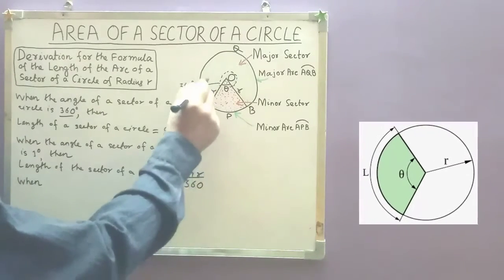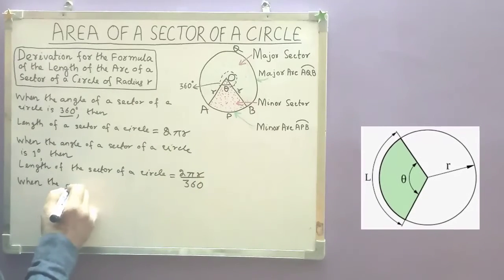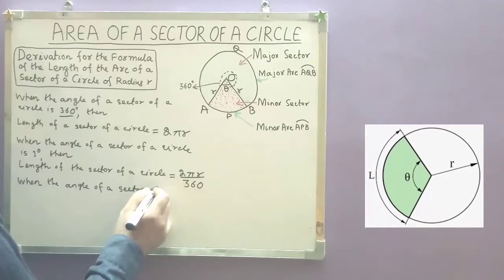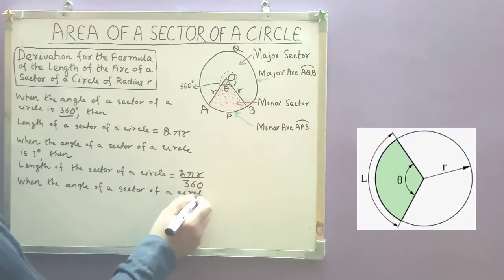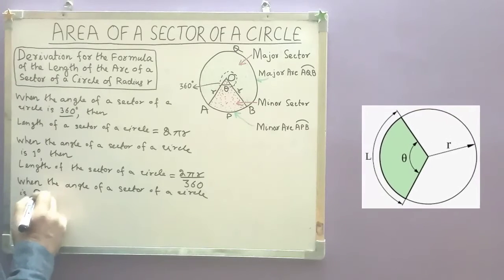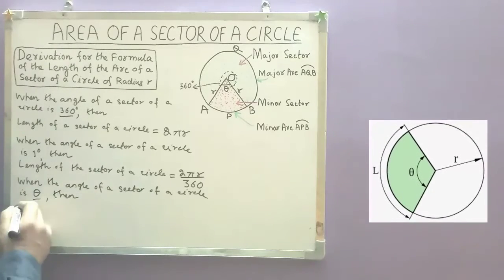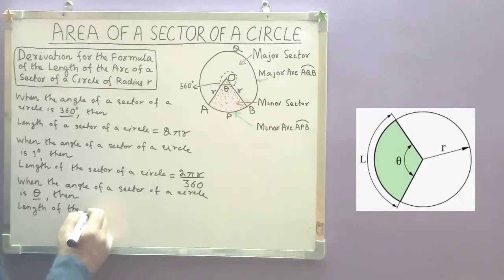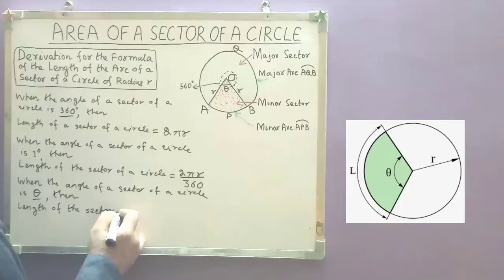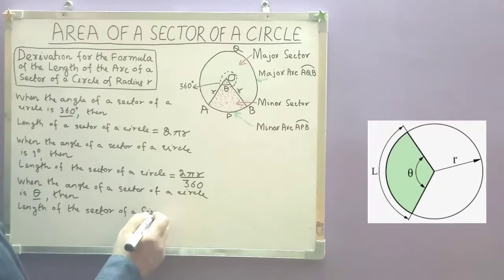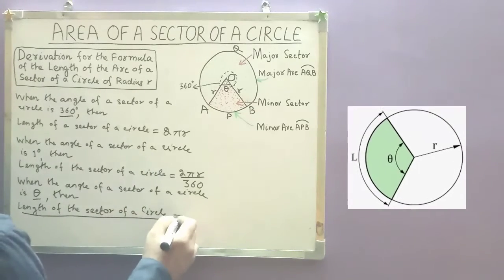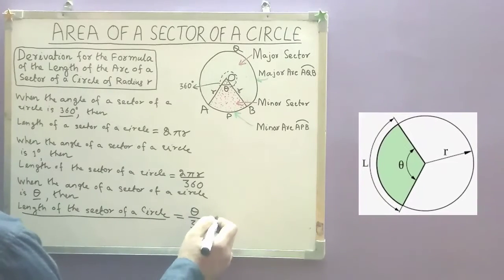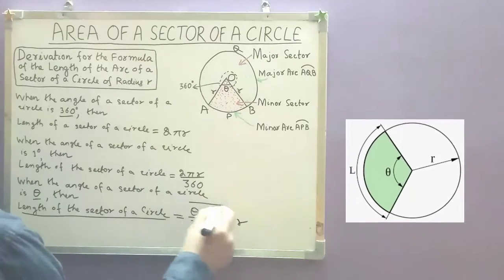When the angle of a sector of the circle is theta, then the length of the arc of the sector so formed is equal to theta upon 360 multiplied by 2 pi r.